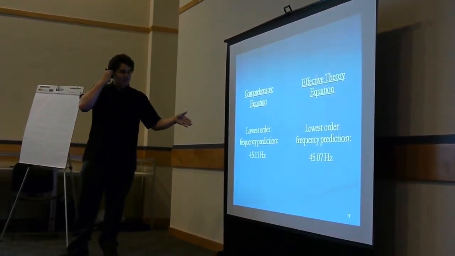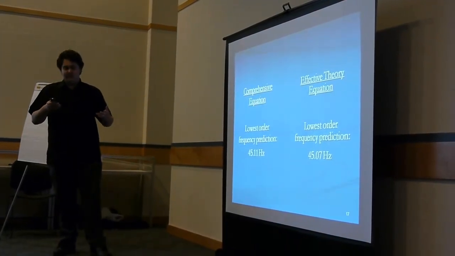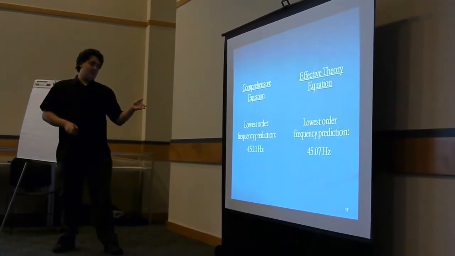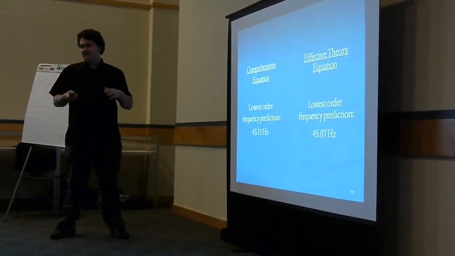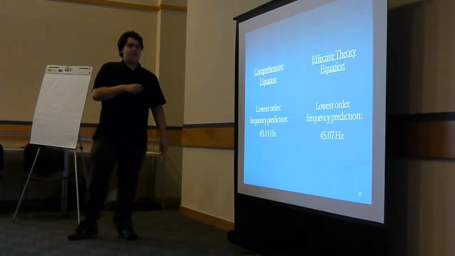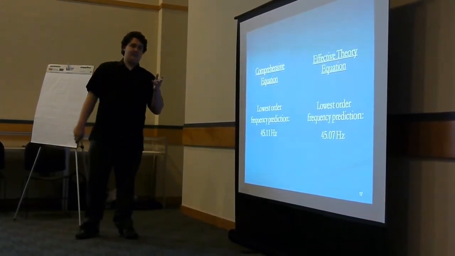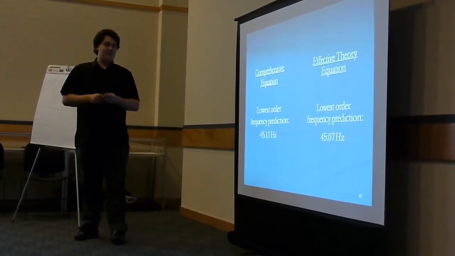Now, this is the result that we got using our more comprehensive equation in the graph. And it's 45.11 hertz, hertz being the number of oscillations in 1 second. And I did a little calculation using the effective theory equation, and I got 45.07 hertz.